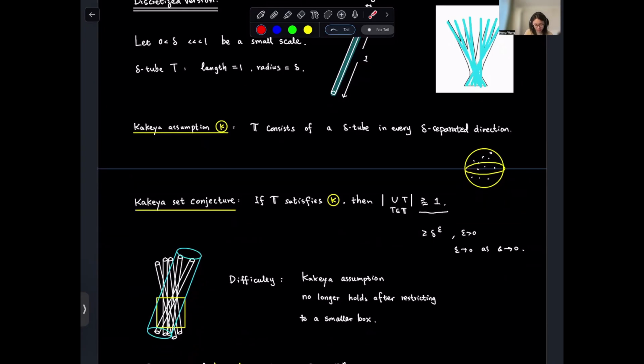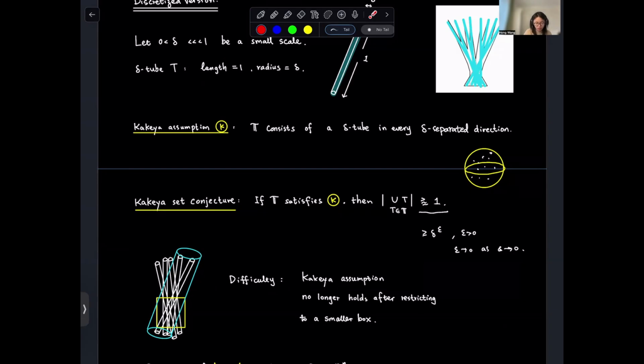So now let's discuss why it's difficult to use the assumption that a Kakeya set contains a line segment in every direction. When we study this kind of problem, we usually use induction on scales.